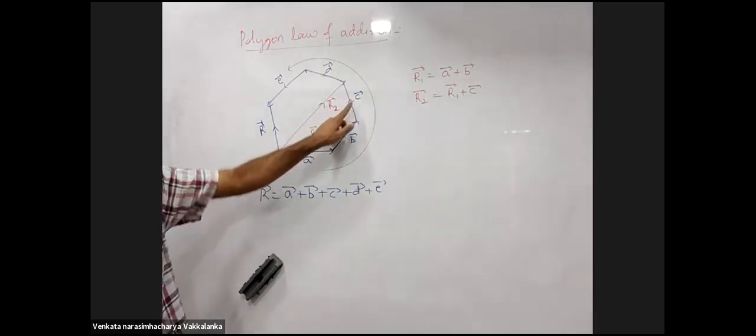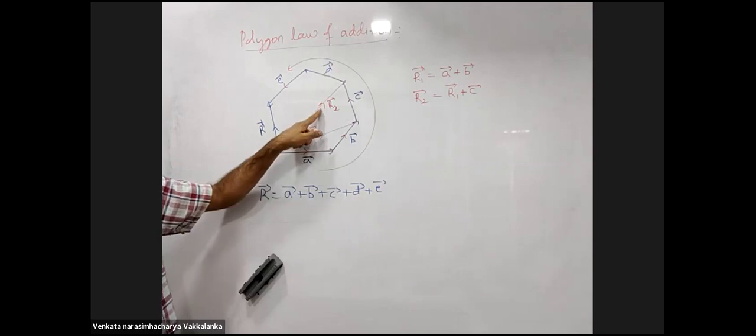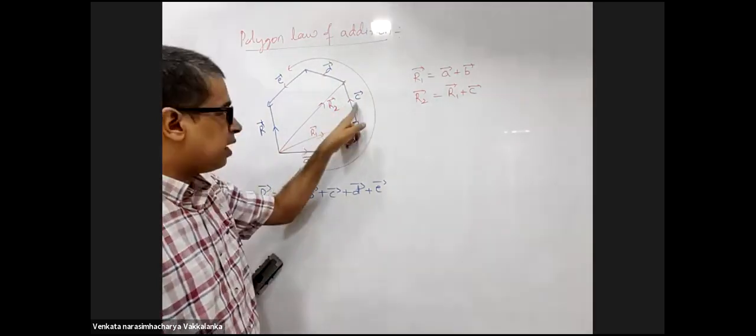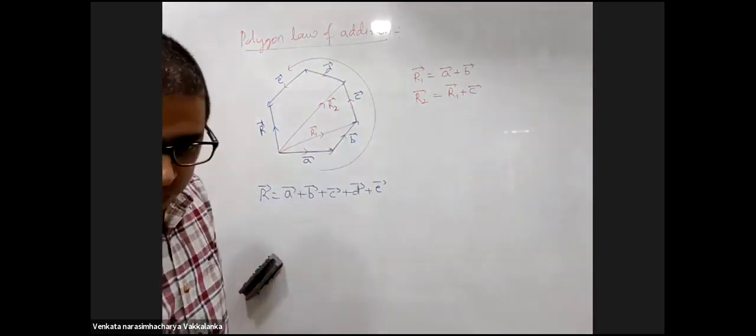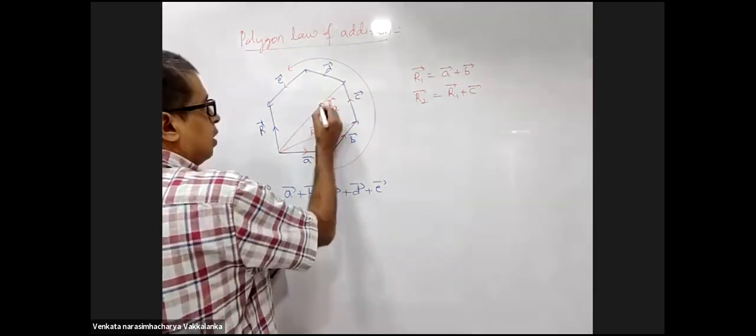R1 and C are two sides of a triangle taken in one order. The closing side, the third side of the triangle taken in the reverse order, is the resultant of R1 and C. Yes or no? Yes, sir.